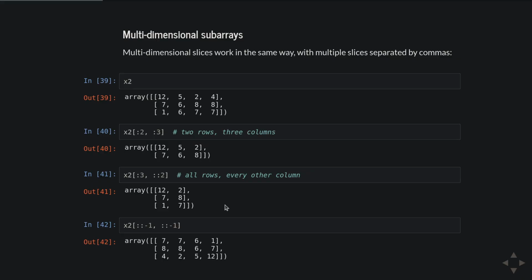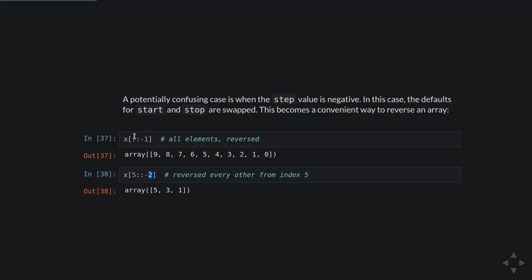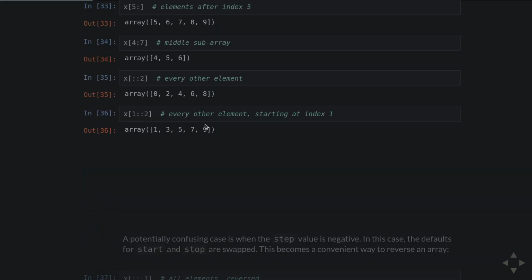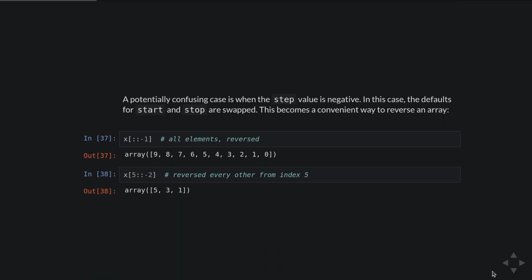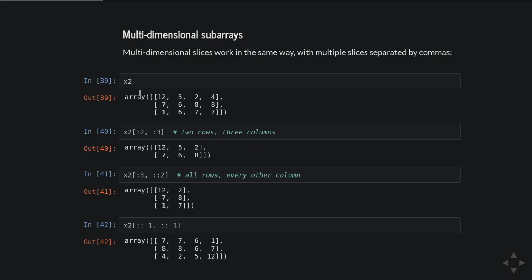You can also create multi-dimensional subarrays. It's basically just using this notation right here and separating it by commas. So here's x2, which gives us a two-dimensional array. What we're saying here is, in this particular row, we'll start at 0, go to 2, then in these columns, from 0 to 3.